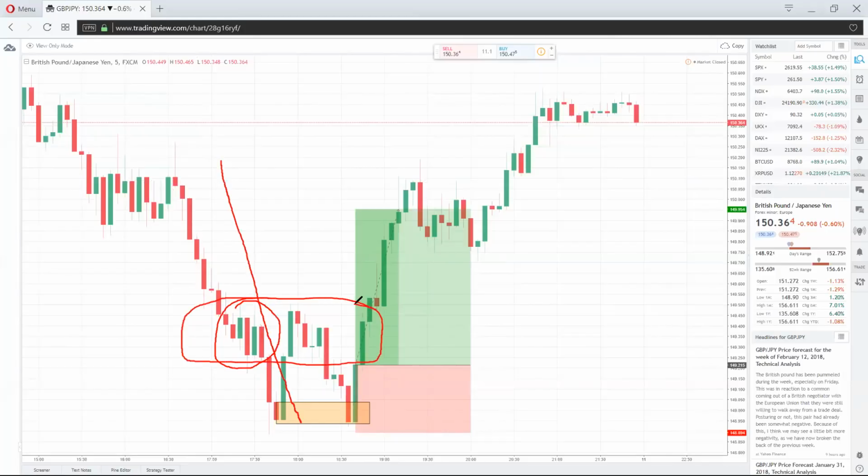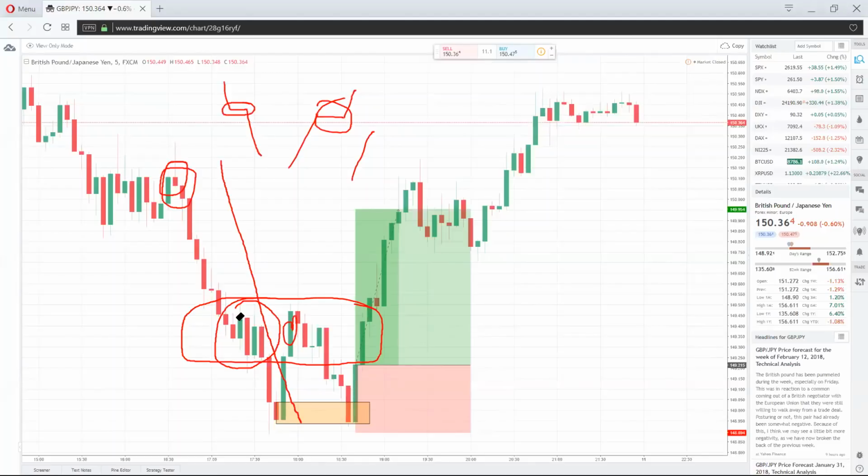I wouldn't consider this as a zone, but I'd consider a zone around here. This is because at this price there was a previous zone. Even though we're not using the drop base drop and the rally base rally, still remember this as a zone.